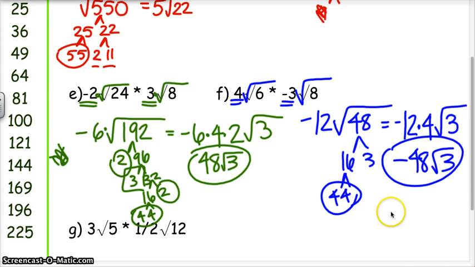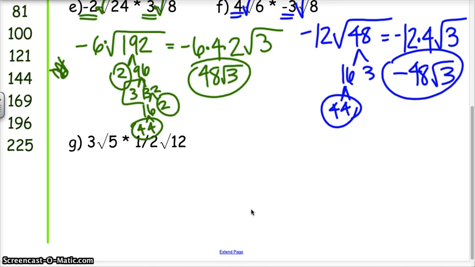Letter G. Don't let this one fool you. It looks harder than it really should be. It's a coefficient of 3 times half. 3 times 1/2 is 3/2 or 1.5 if you'd prefer.